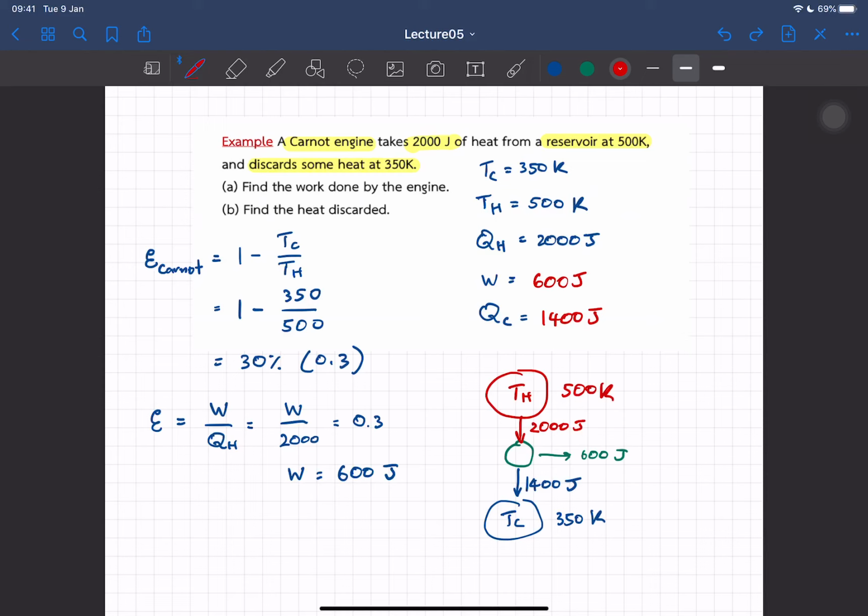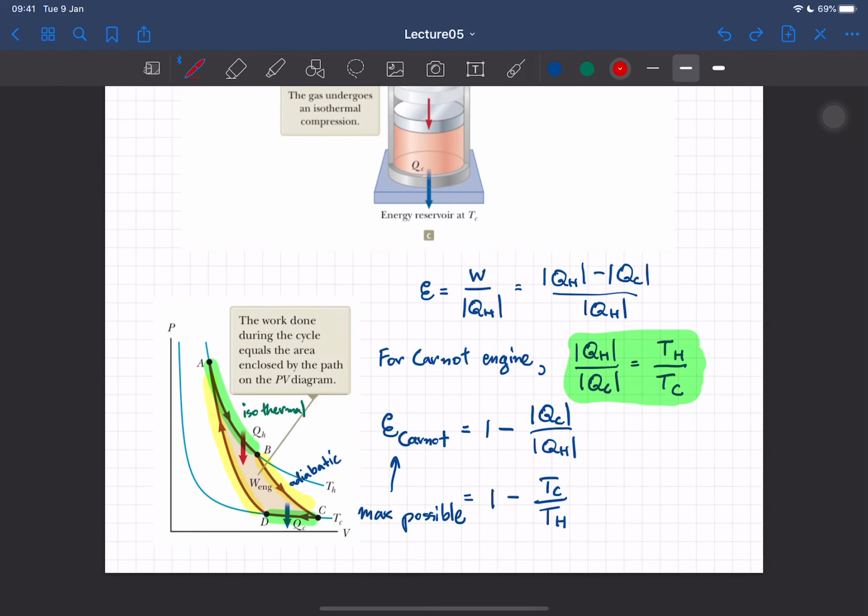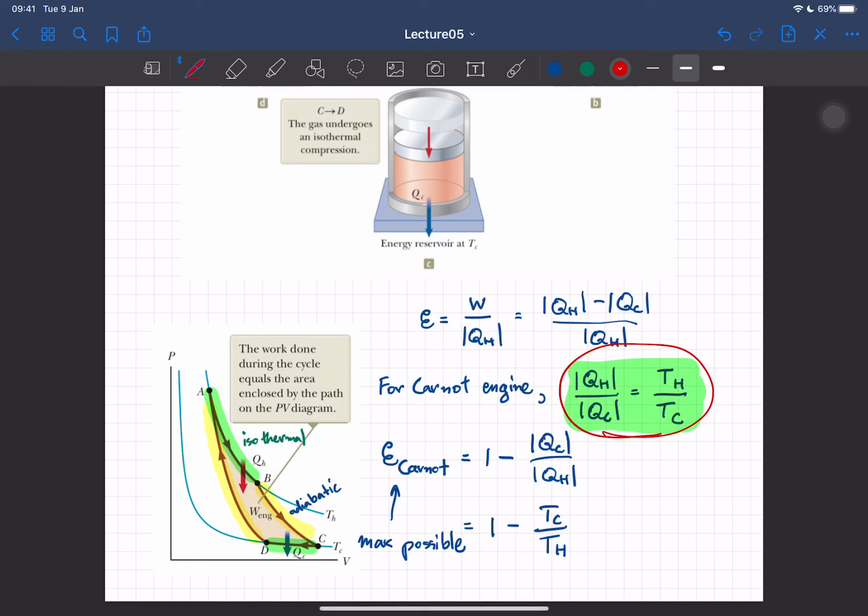So you can also reverse this engine and get a refrigerator, right? So you're going to get something called a Carnot refrigerator, which is the best refrigerator theoretically possible, because again, otherwise you're going to violate the second law of thermodynamics. And in that case, this is going to still be true.